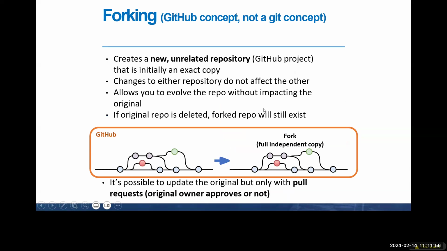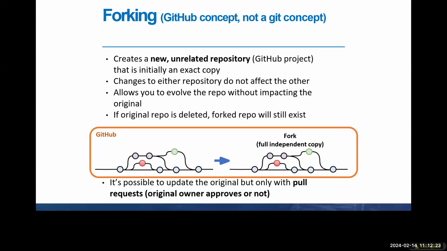Now another term, which is forking. This is a GitHub concept, not a Git concept, because forking works on GitHub, and as we said, GitHub is only online. Forking creates a new GitHub project that is initially an exact copy.